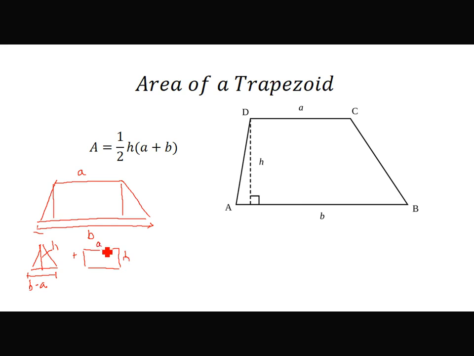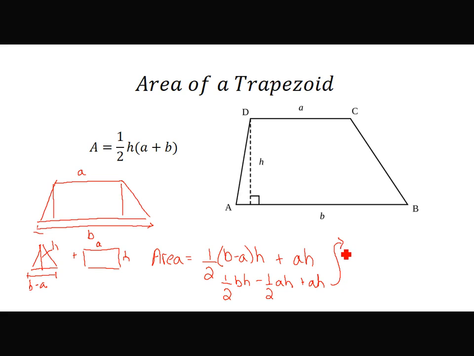And then the height of this is still the height, but this length is a. And so what that means is the area of the triangle is 1/2 times (b minus a) times my height, plus the area of my rectangle, which is ah. When I expand this, I get 1/2 bh minus 1/2 ah plus my ah.